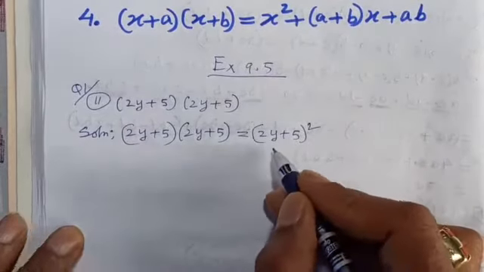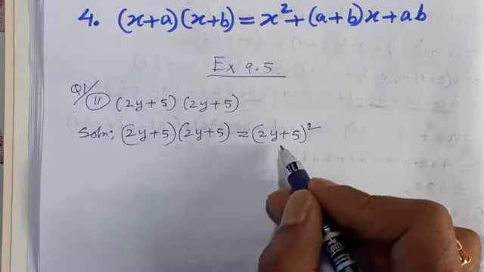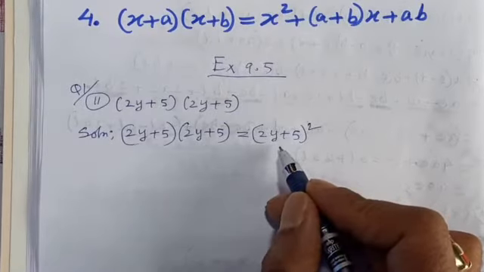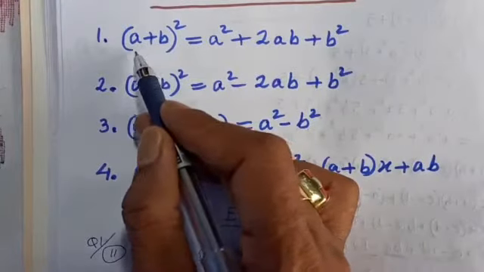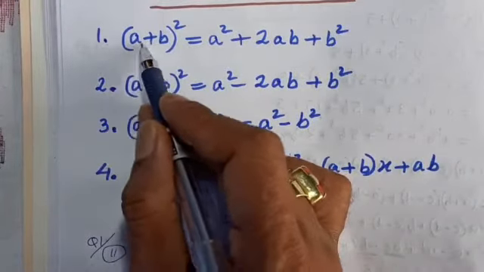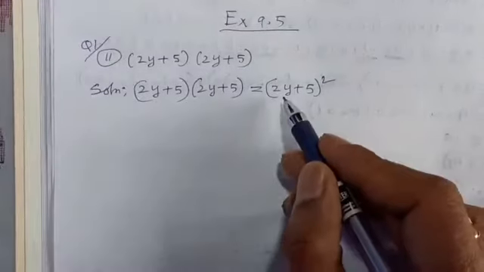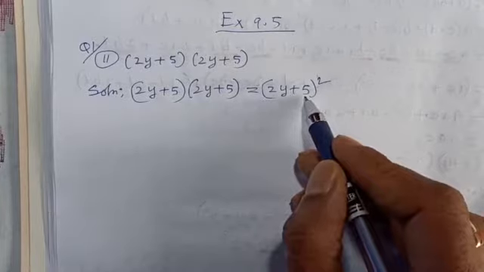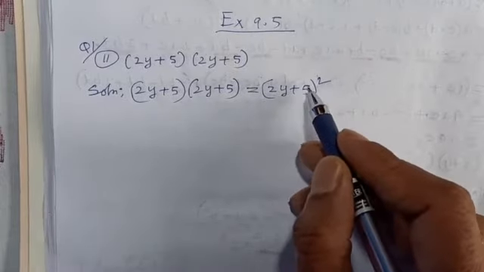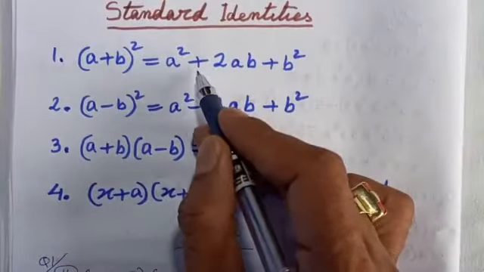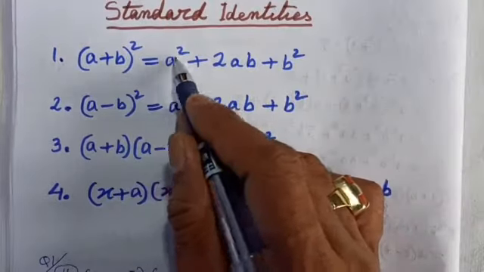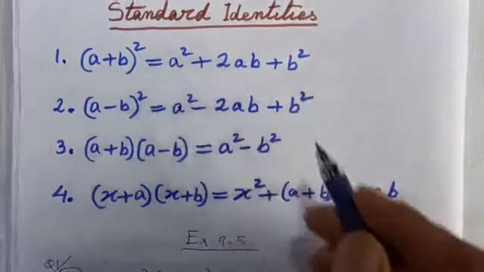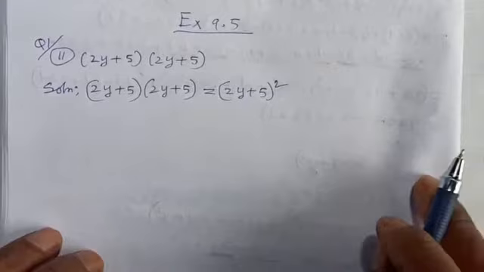So if we want to apply suitable identity, this is the suitable identity. So number 1, a plus b whole square. So we have to think that 2y is a and 5 is b, so this is also in the form of a plus b whole square. So we have to use this formula, a plus b whole square is equal to a square plus twice ab plus b square. Okay, let's use that and let us try to solve this question.